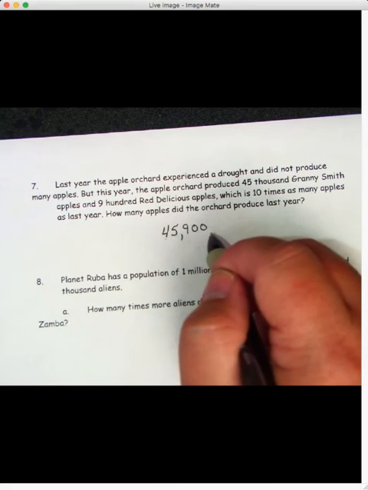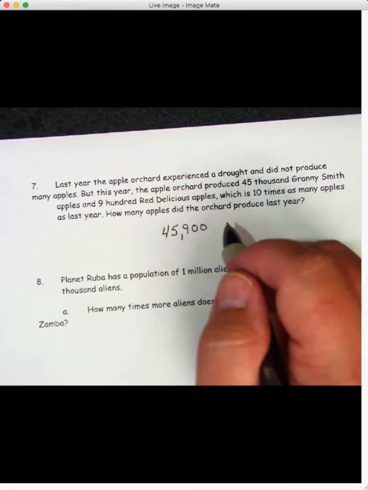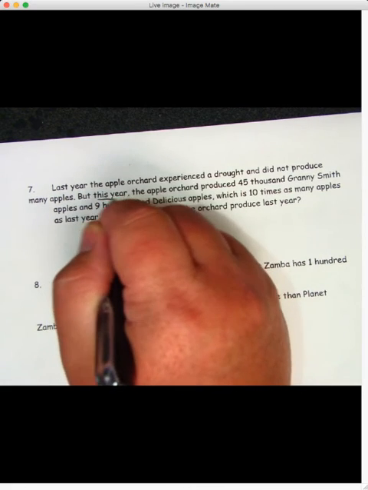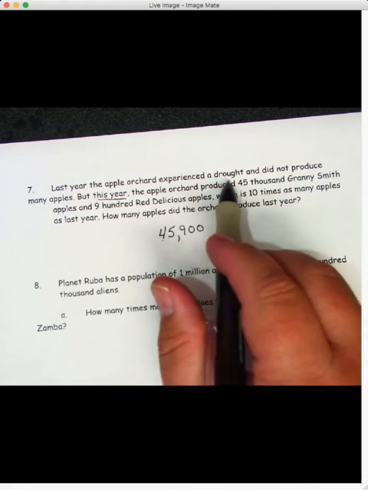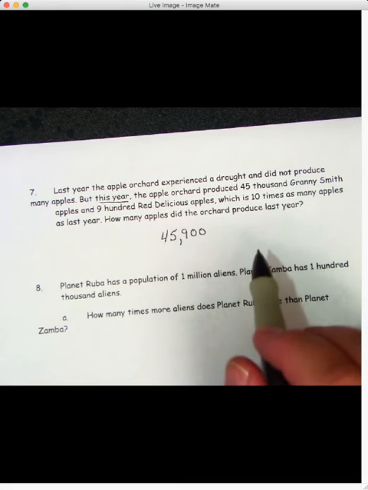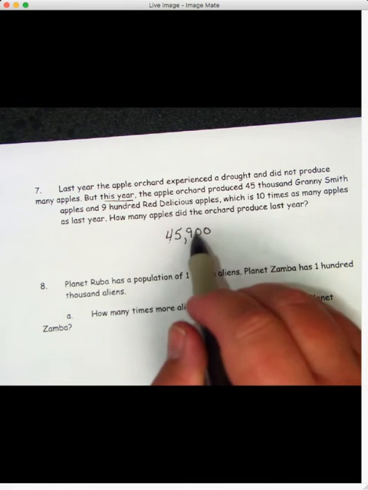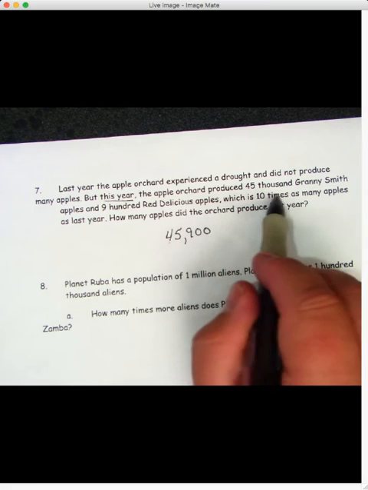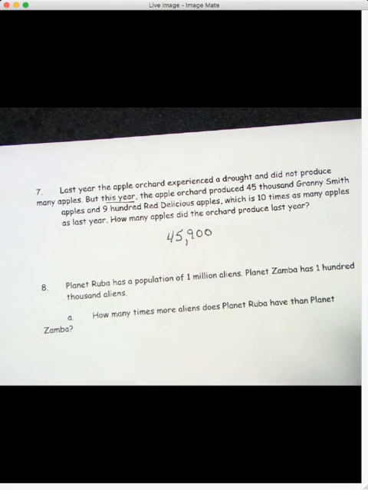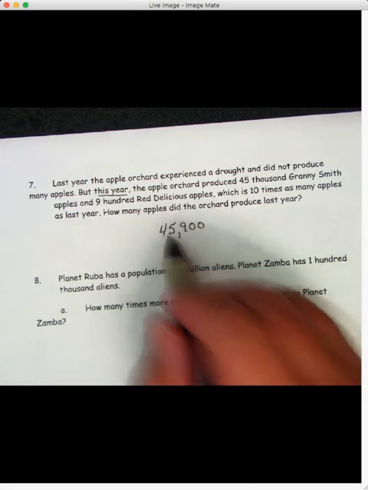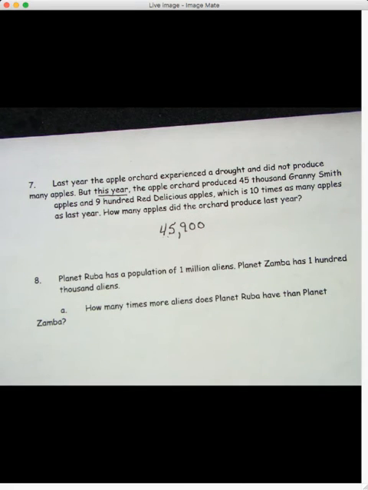That's how many apples they produced in all in the apple orchard this year. Okay. But last year they experienced a drought. They didn't produce many apples. This number they produced this year is 10 times as many as they produced last year. So this number's more by 10 times as much as they produced last year.